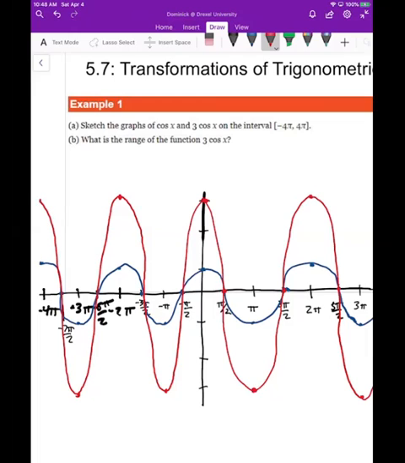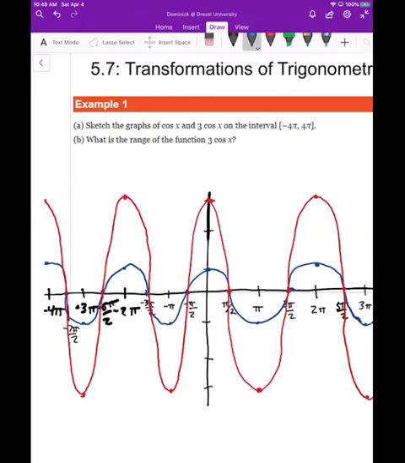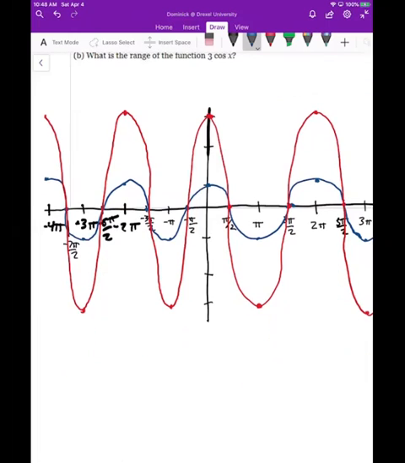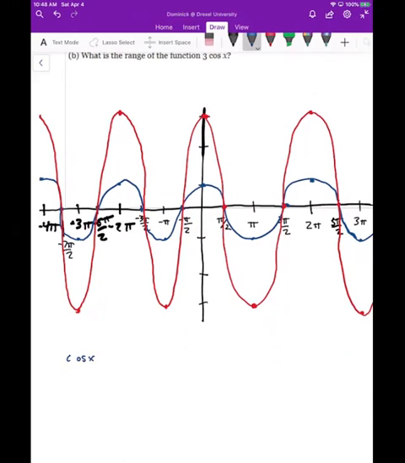Okay, so now of course in part B, they want to know what is the range of the function. Well, the range of cosine of x is from -1 to 1. And of course, 3 times cosine has range -3 to 3.